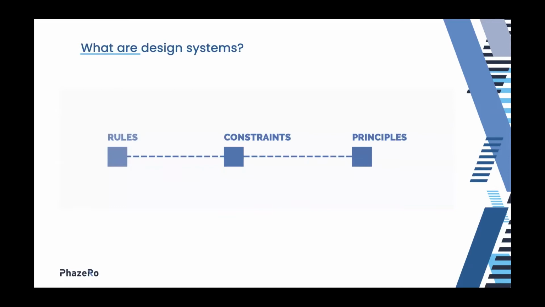So each element of the design system consists of 3 pillars. The first one is rules. There must be a rule, for example, it has to follow the Web Content Accessibility Guidelines. Constraints, for example, it shouldn't include any offensive language or harsh words.